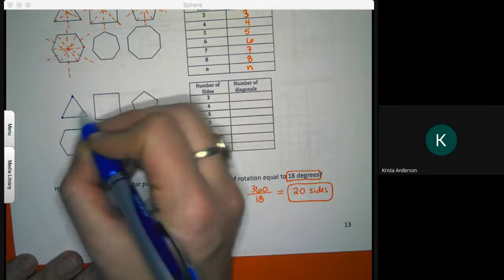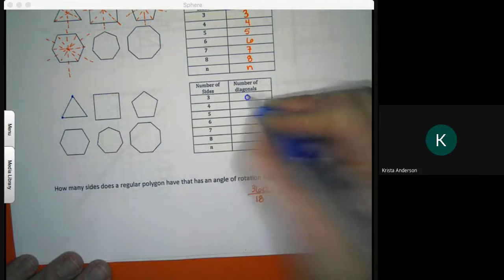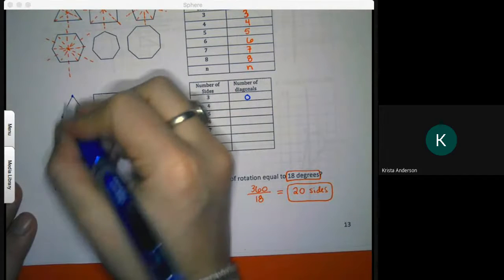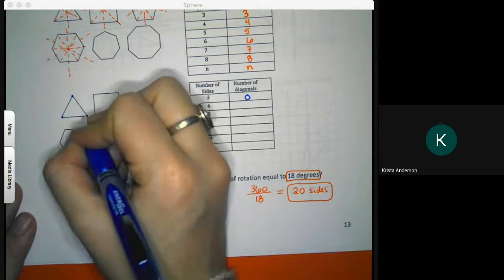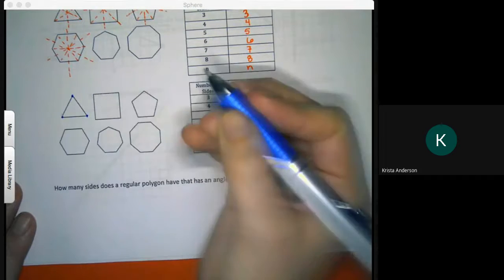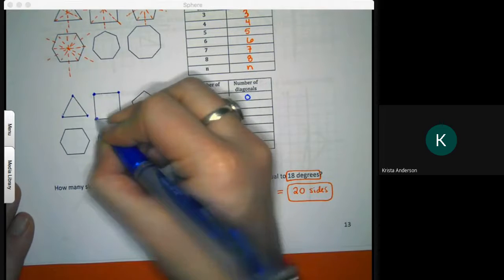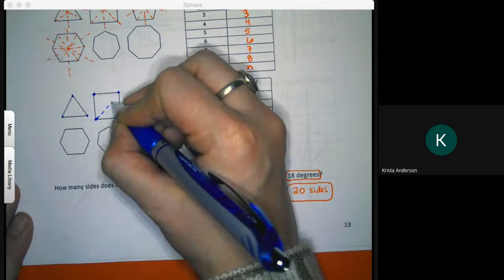There's no corners to go to, so I would have 0 diagonals. Because I can't go to these points and draw a line through it. On the square, I have 1 diagonal, 2 diagonal.